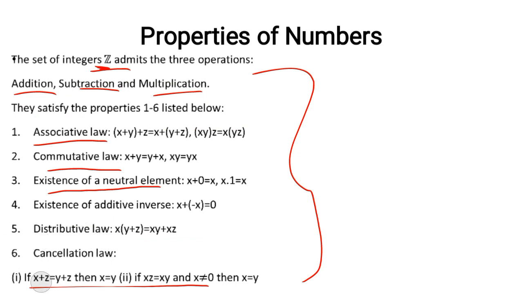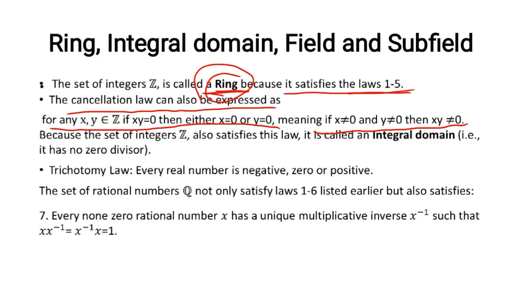Another way of writing that same law: if x plus y equals x plus z, then y equals z, that's the first identity. The second identity: if xz equals xy, and x is not equal to 0, then z is equal to y. That is what we have expressed here on the screen.